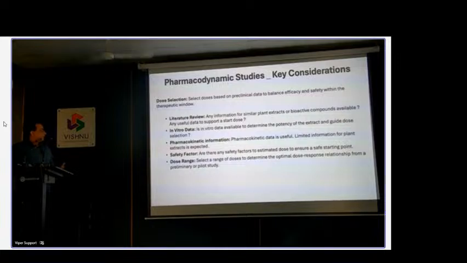Then you select a range of doses to determine the optimal dose-response relationship, because you cannot just throw in some doses. You need to do some work on the literature and existing data, then plan the doses and justify them.